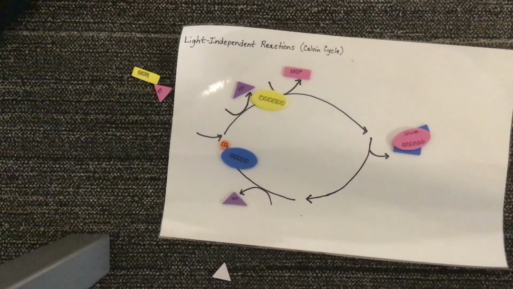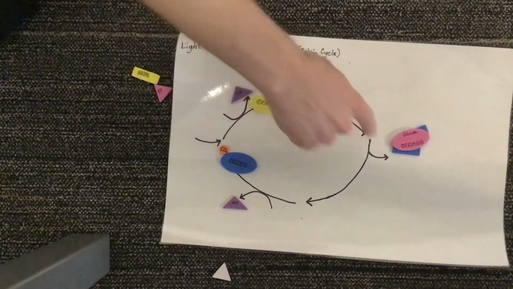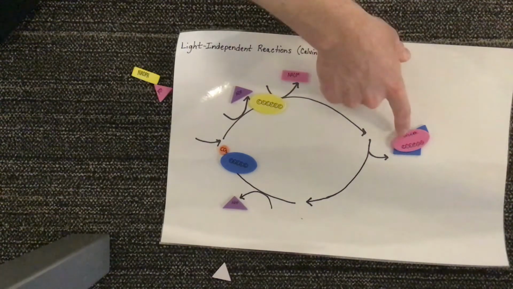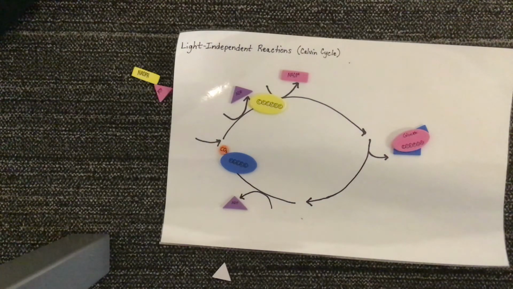So, in the light independent reactions, or the Calvin cycle, we have to go through this whole circle twice in order to get one glucose molecule, because only one 3-carbon molecule is going to leave per turn of the cycle.